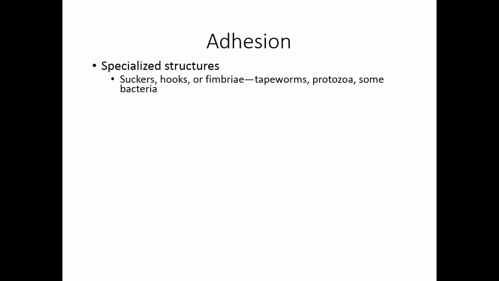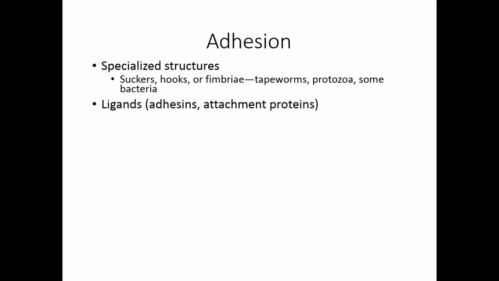Adhesion is one of the things an organism must be able to do if it's going to cause disease. Adhesion can occur because an organism has specialized structures, like suckers, hooks, or fimbriae. Tapeworms and protozoa have suckers and hooks. Some bacteria, you'll remember, have fimbriae.